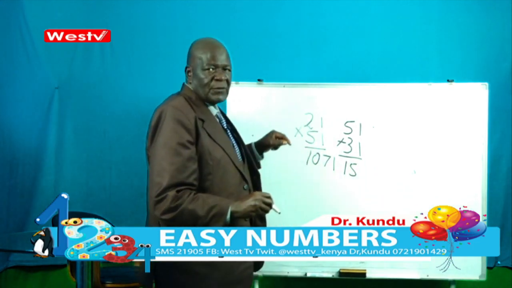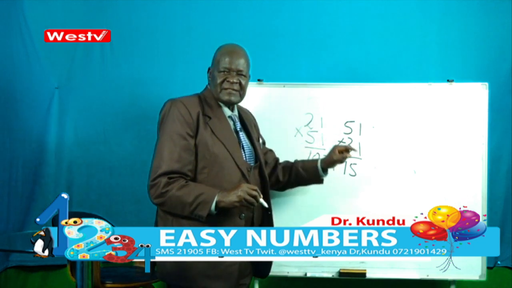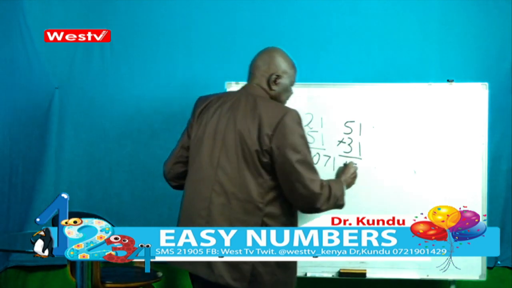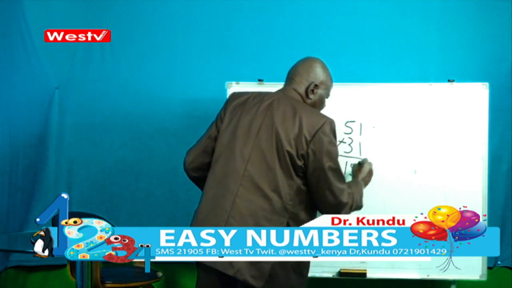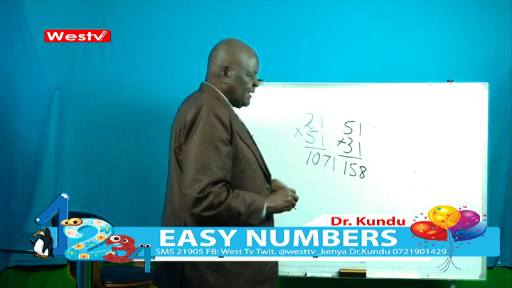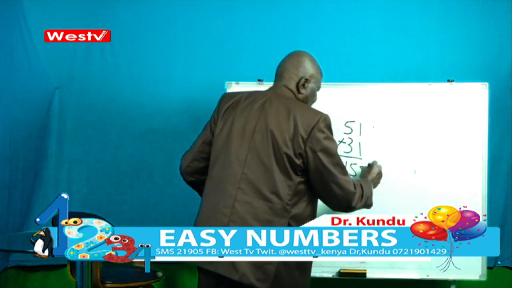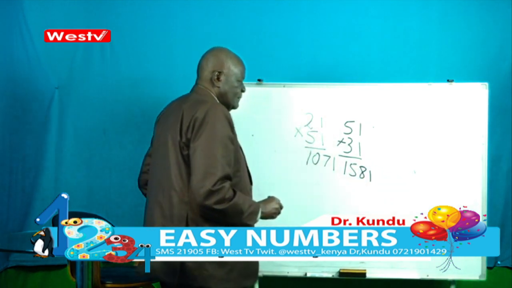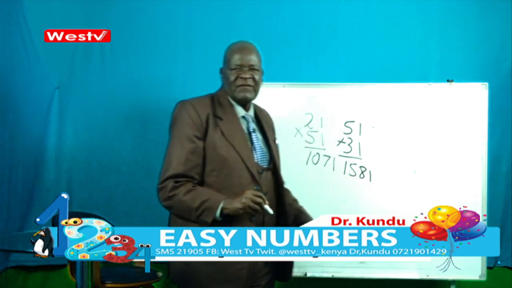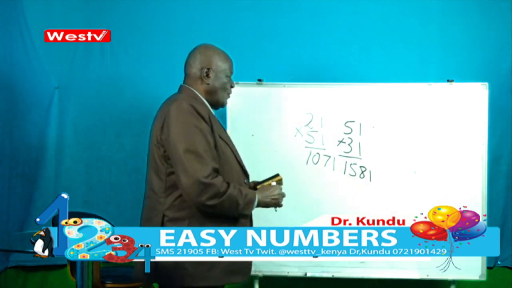Step 2, add the tens digits. 5 plus 3 is 8. Step 3, drop 1. That is wonderful. You become a genius at a very, very early age on numbers.